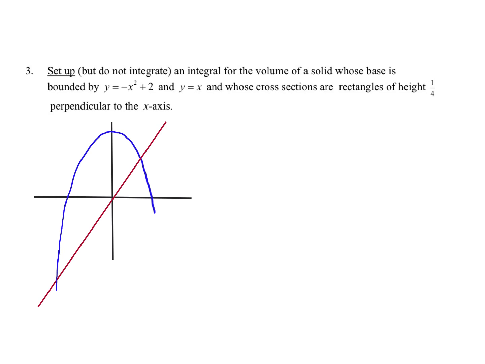Here's my graph. So here's my line y equals x. This is a parabola opening down. It's a standard parabola, it's just moved up 2. It doesn't have to be perfect, because what we really have to do is, there's a couple things here. First off, my shaded region, the base of this solid, is where the lines intersect.